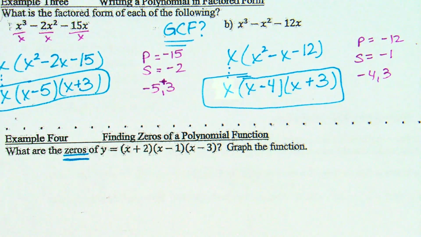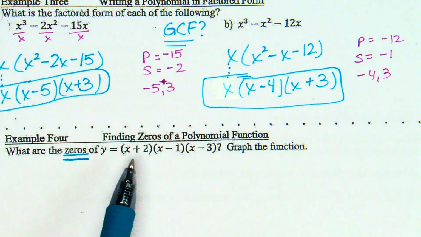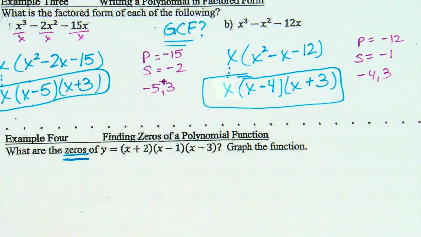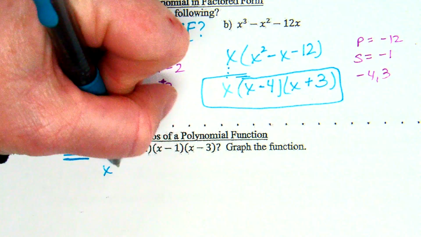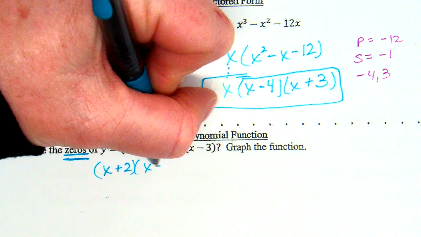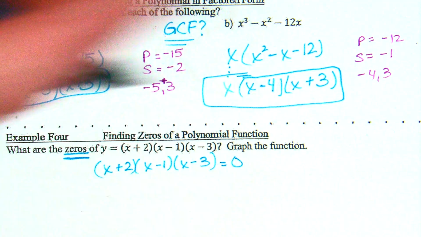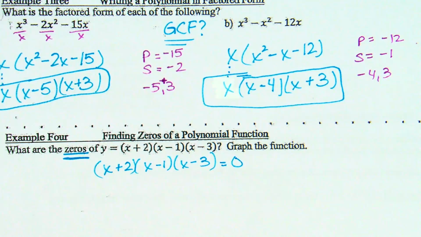Yeah. The idea is you take this equation, because it's y equals, when they're asked to find the zeros, we're going to take the equation set equal to 0. And then that means each part will end up also having to set equal to 0. So, if I take my whole equation, x plus 2 times x minus 1 times x minus 3, and set that whole equation equal to 0.